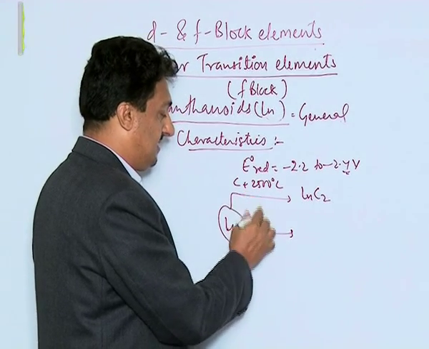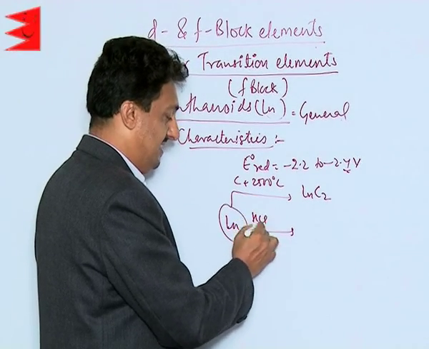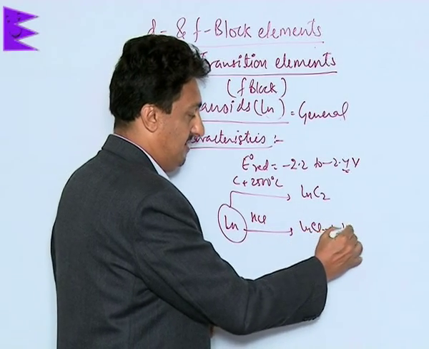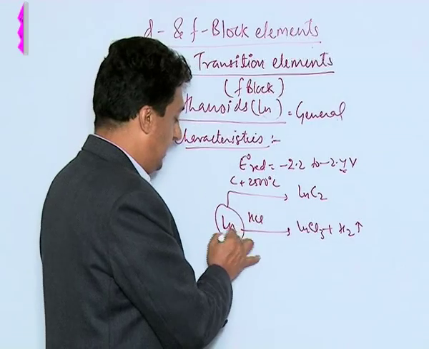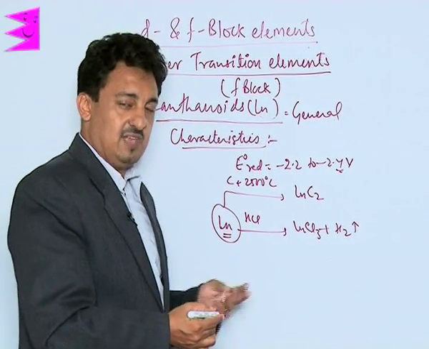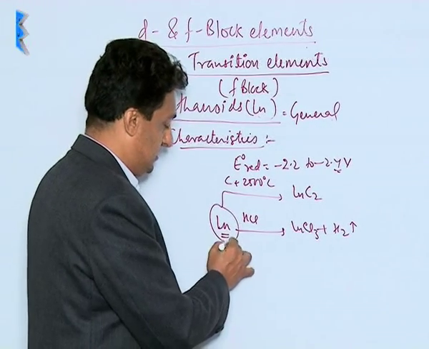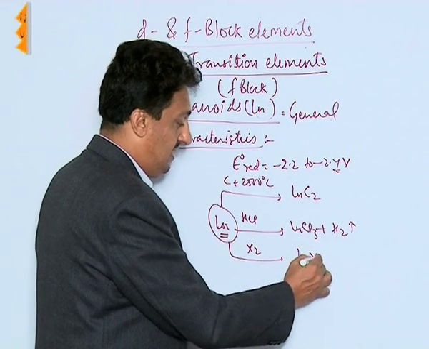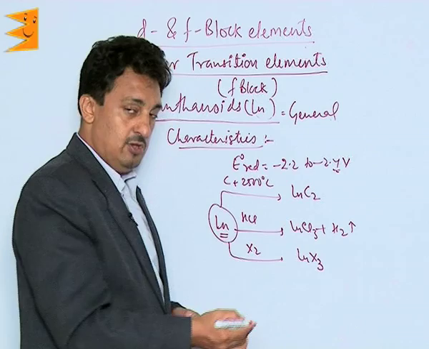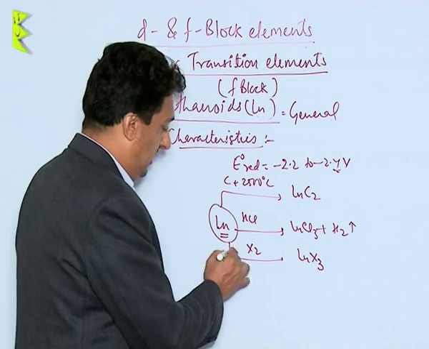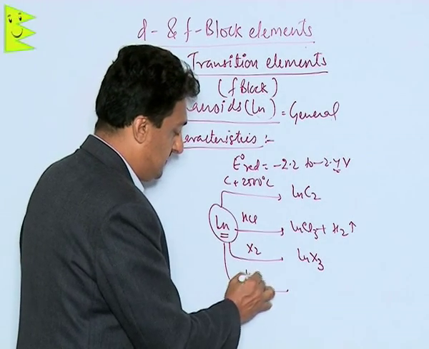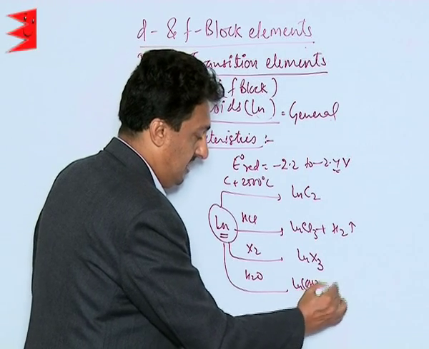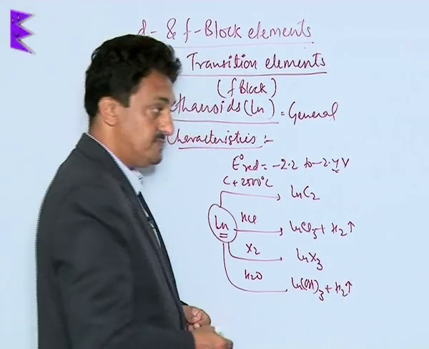With acids like HCl, it forms LnCl3 and releases hydrogen gas. I'm taking Ln as a common symbol for lanthanoids; it can be any one of the 14 lanthanoids. It combines with halogens to form LnX3, where X can be fluorine, chlorine, bromine or iodine. It combines with water to form the corresponding hydroxide, Ln(OH)3, and releases hydrogen gas.